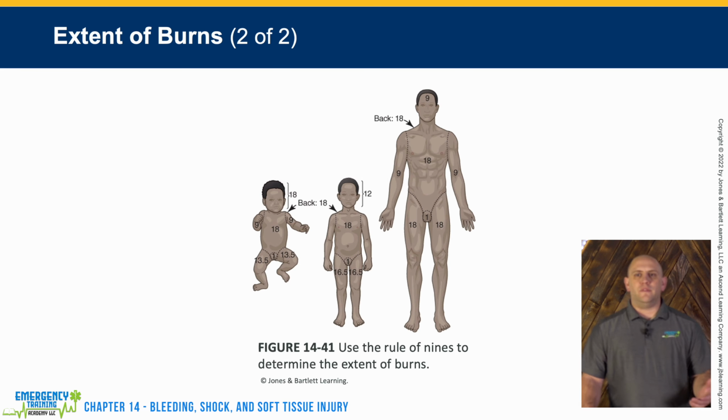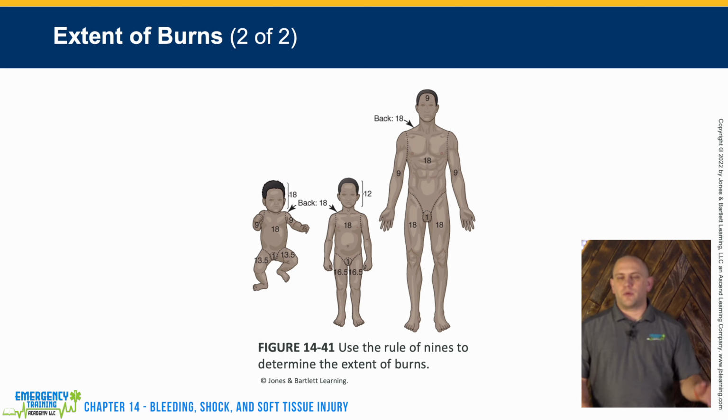And so the rule of nines that we use, it breaks the body up into different sections and says this is 9% and this is 9%. So if you look at an adult, we're going to say that our arms are 9%, our chest is 18, our legs are 18, our head is 9%, our back is another 18%.